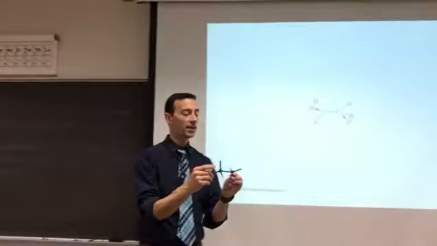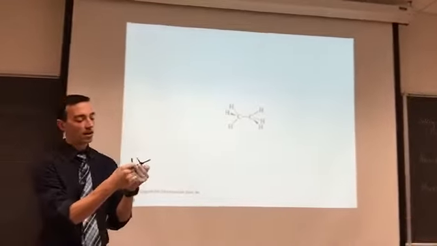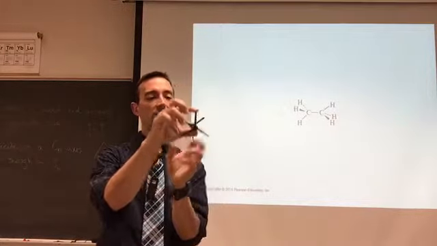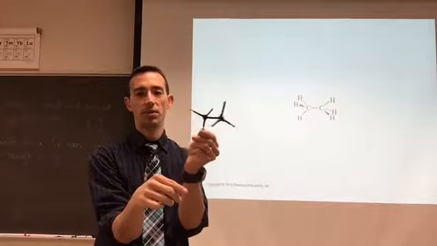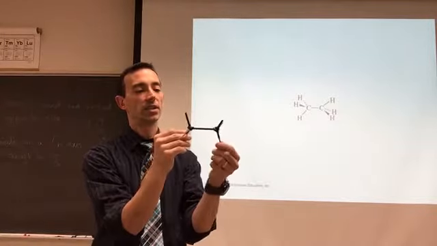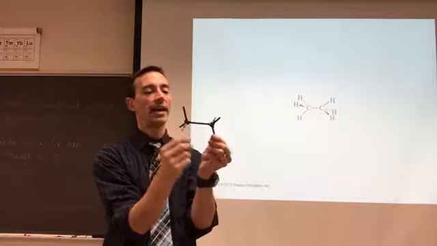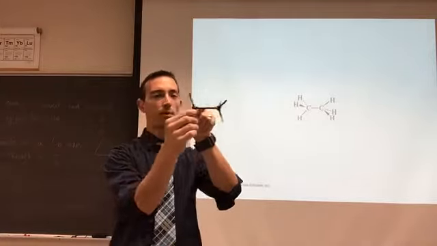So I've built ethane in its staggered conformation, so we can see that we have the one, as you're facing it, hydrogen in the up position, and the hydrogen that's facing me is in the down position. All right. So that is the staggered conformation. Now this molecule has a C2 axis right through the molecule.